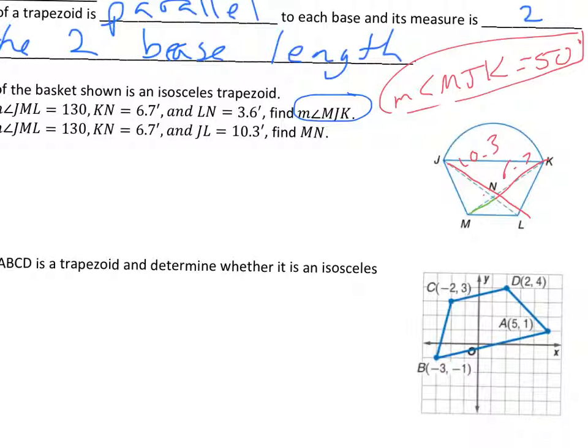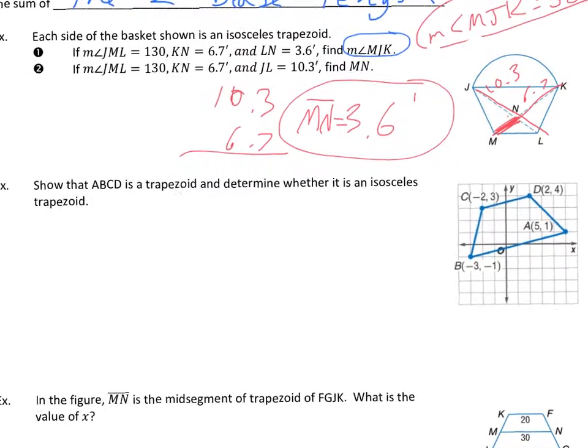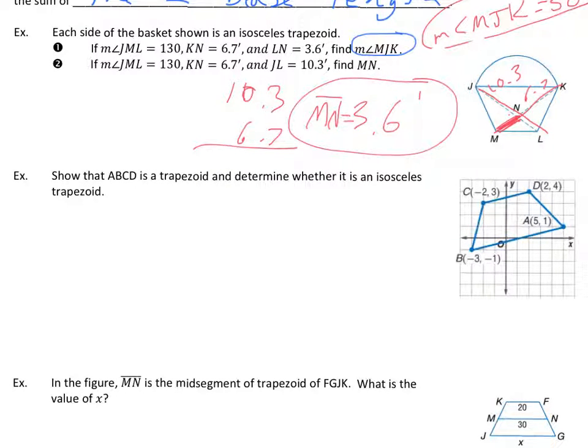Well, both diagonals are congruent, so both KM and JL are 10.3, but if I take 10.3 and subtract 6.7, that's going to give me what's left, which is MN. And when I do that, I get 3.6 inches. So MN is 3.6 inches.